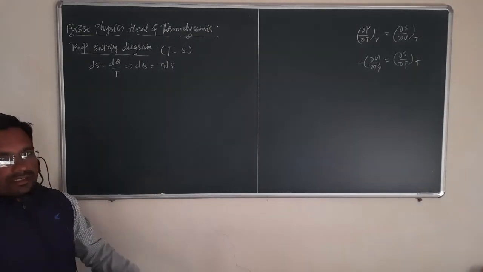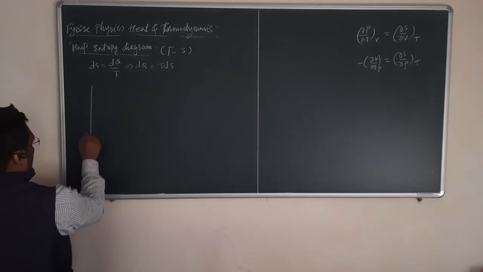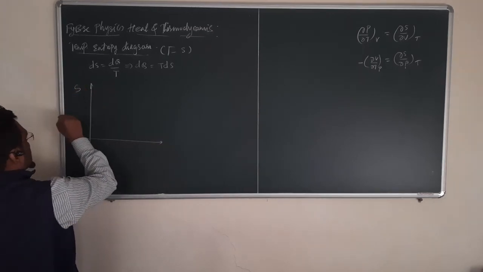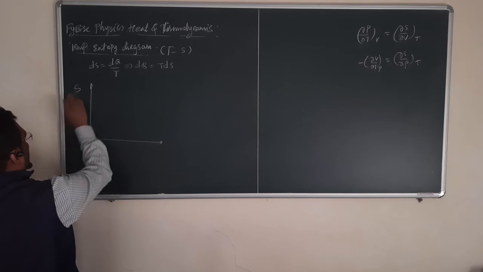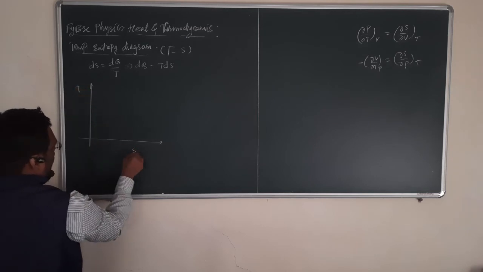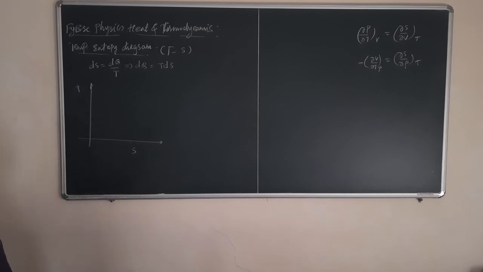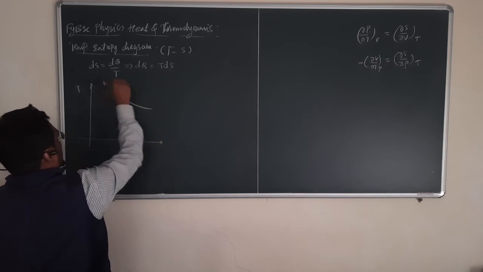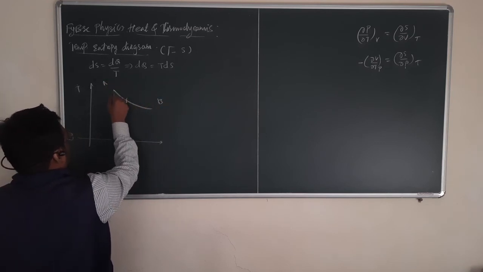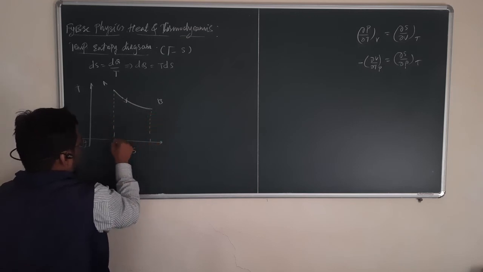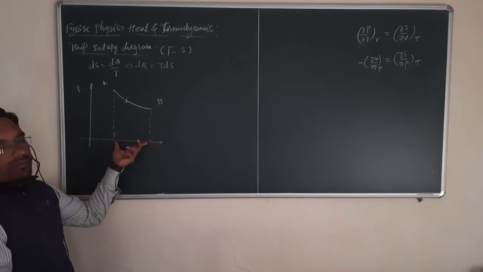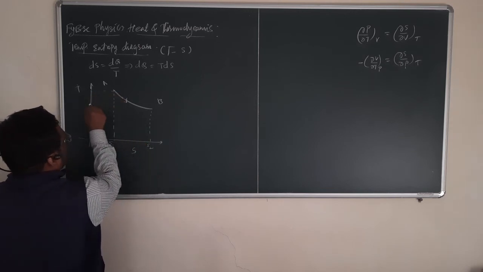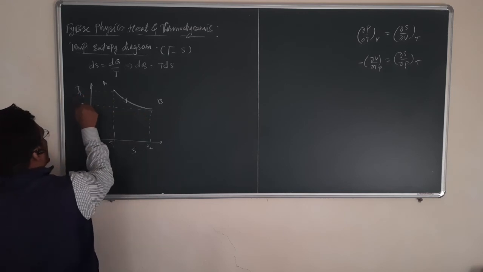Now for the general case, if you take a TS diagram of any system, on the y-axis we have temperature and on the x-axis we have entropy. Suppose we take a curve AB on this TS diagram. Here the system goes through a thermodynamic change along AB, entropy changes from S1 to S2, and temperature decreases from T1 to T2.